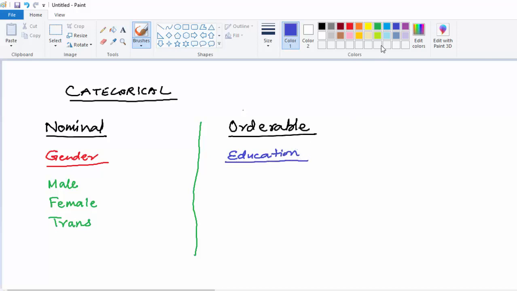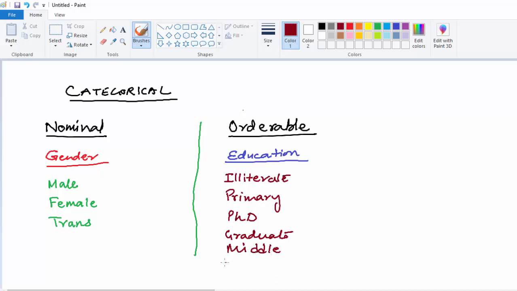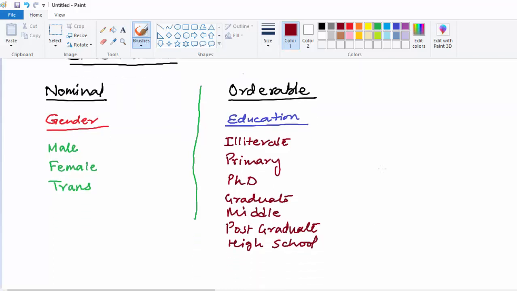Okay, in education I take the different categories: illiterate, primary, I am randomly writing these levels now: PhD, graduate, middle, postgraduate, high school, and inter school.